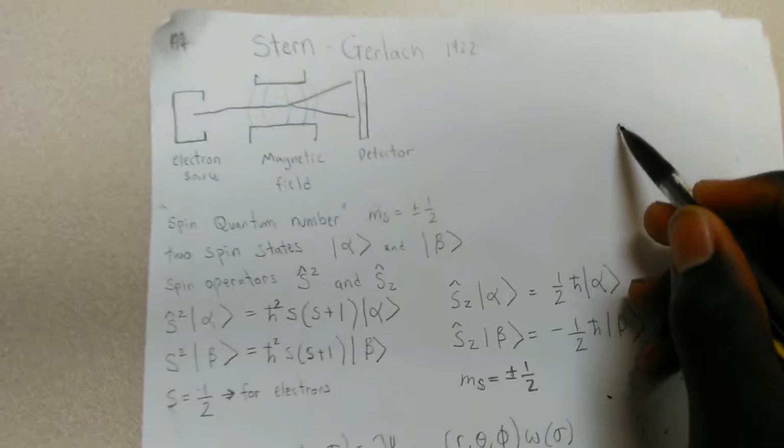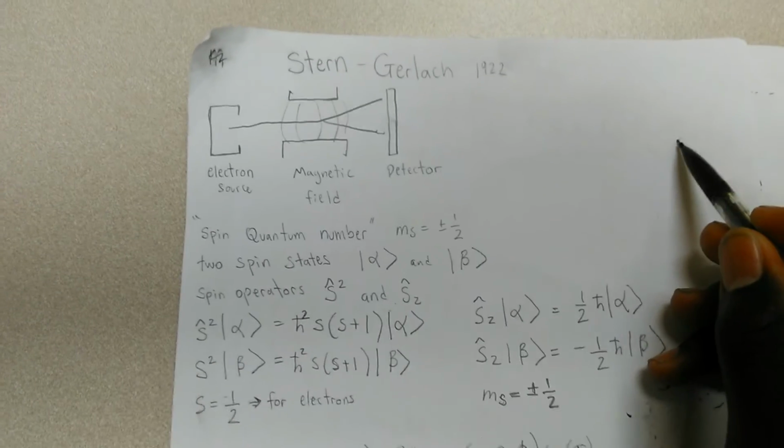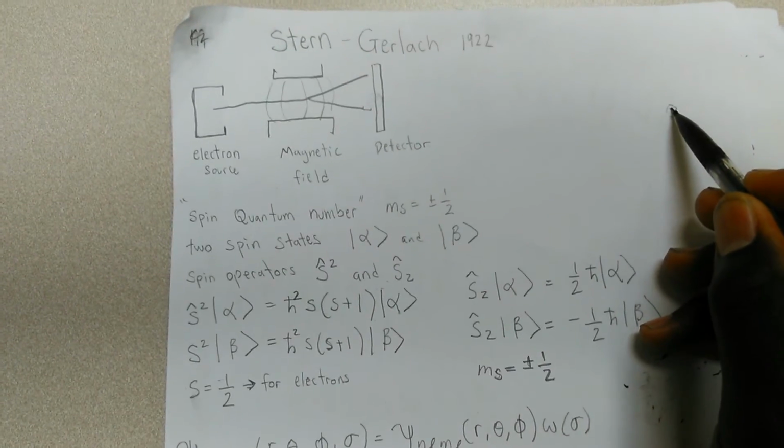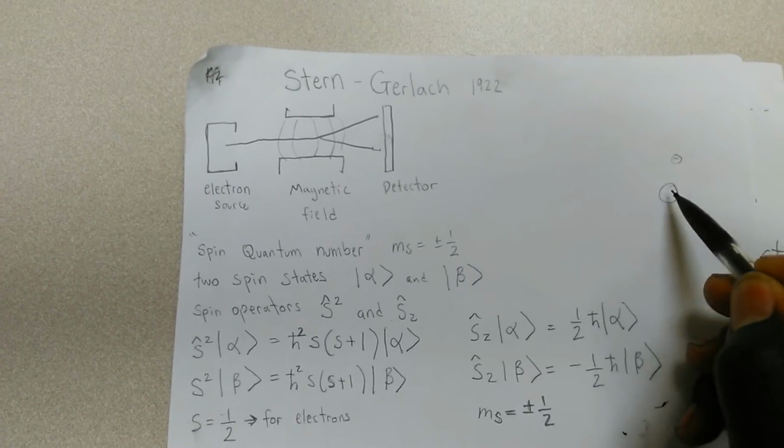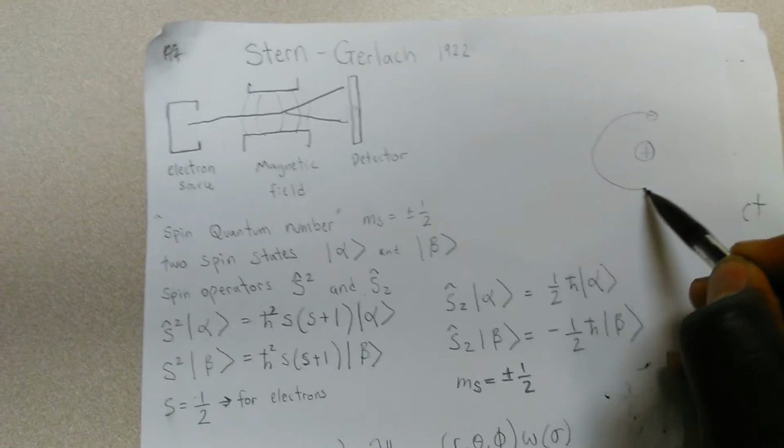And what we notice, this is very interesting, is that I'll draw this classically, but clearly the electron is not orbiting around the nucleus of the atom, but I'm gonna draw it that way.